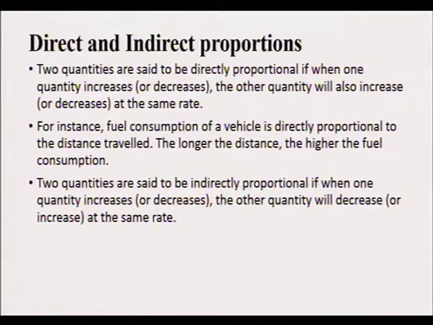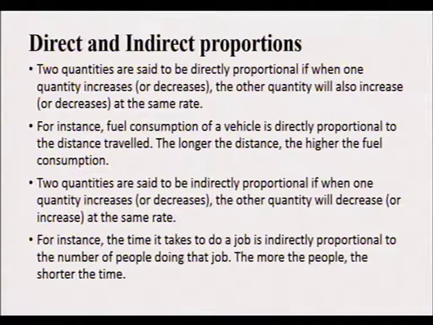So that's indirect proportion. A typical example is if you have a job that you want done. If you want it to be done in the shortest possible time, you should hire more people. But if time is not really a problem for you, then you can hire one person and the guy will take as long as it takes.